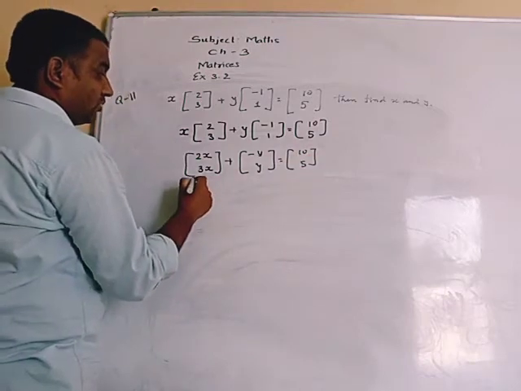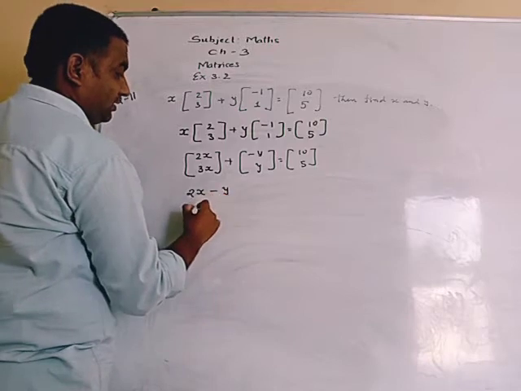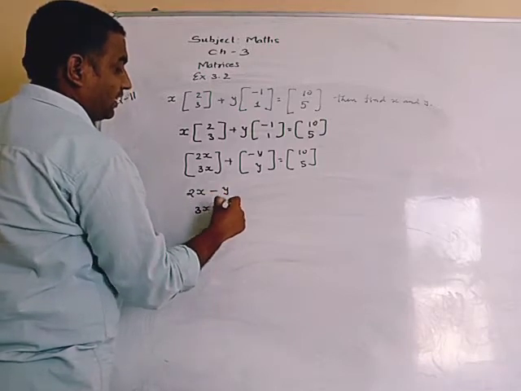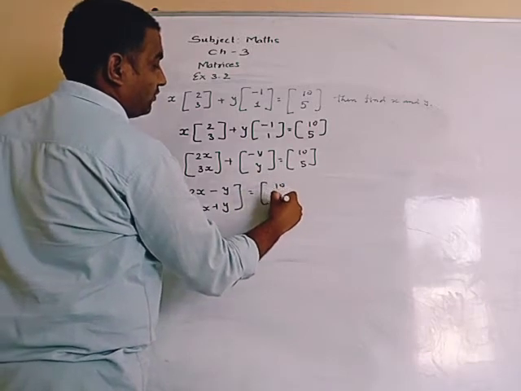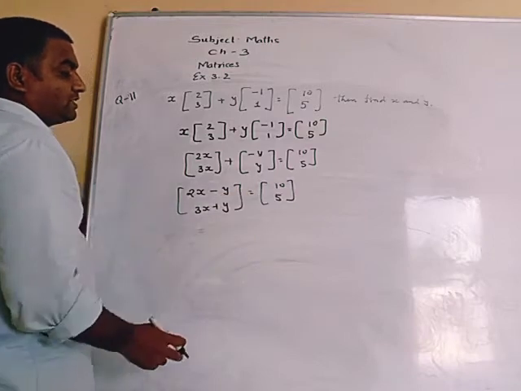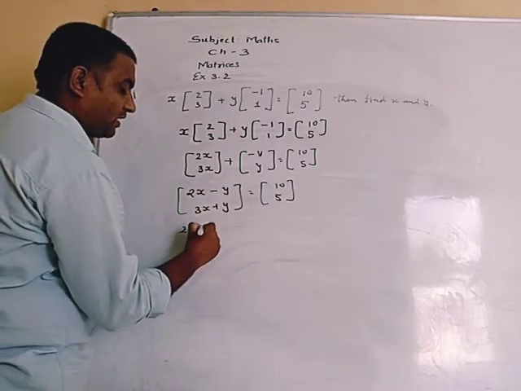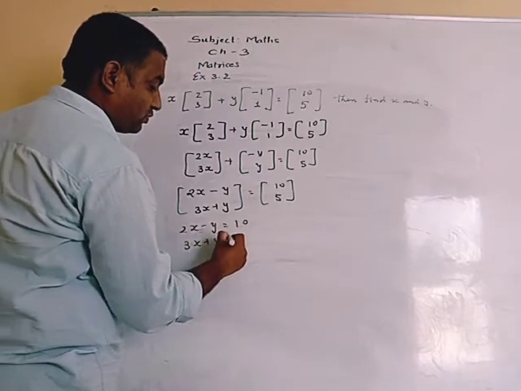Now matrix addition gives [2x minus y, 3x plus y] equals [10 5]. Two matrices are equal, so by equality of matrices, 2x minus y equals 10 and 3x plus y equals 5.